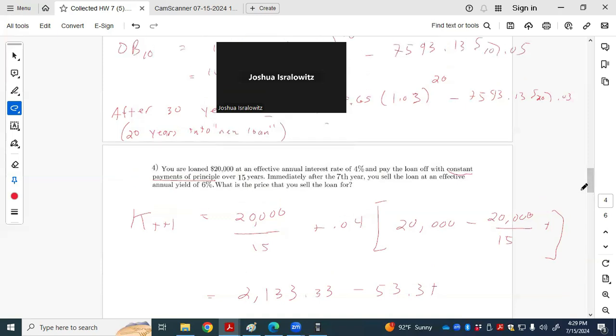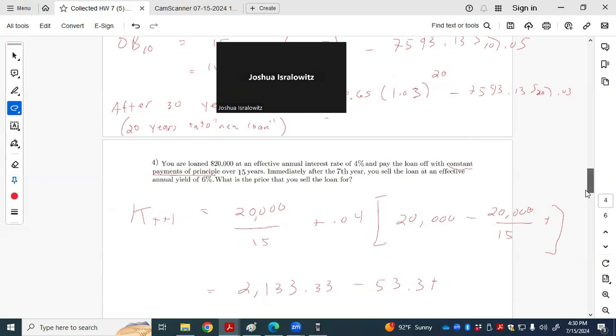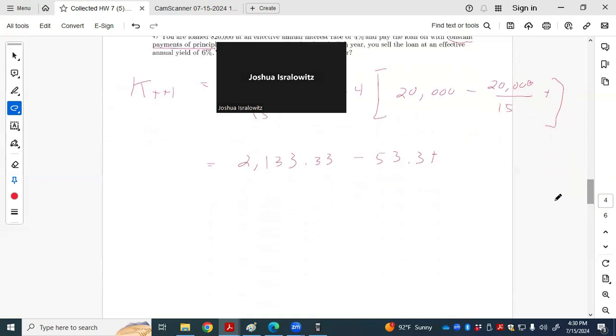Okay, so immediately after the 7th year, you're going to sell the rights to the payments. So I probably should have said immediately after the 7th year's payment. I don't think I took off if you did K7 through K15, but it's understandable if you did.